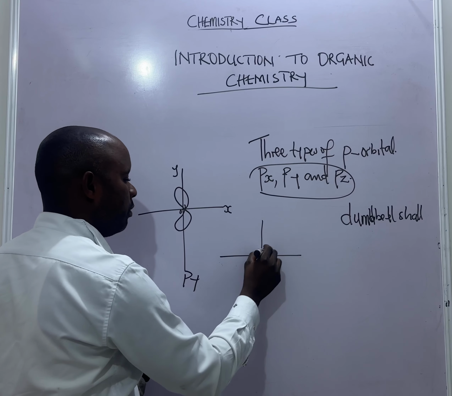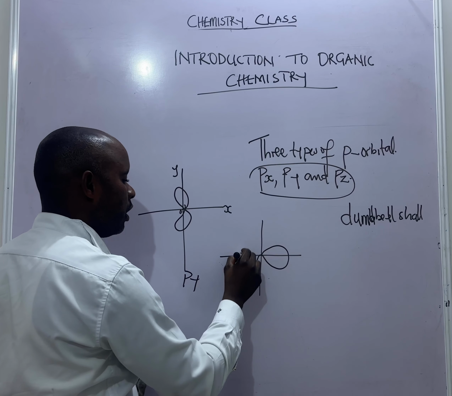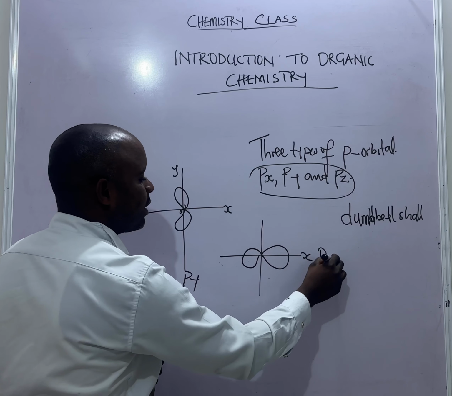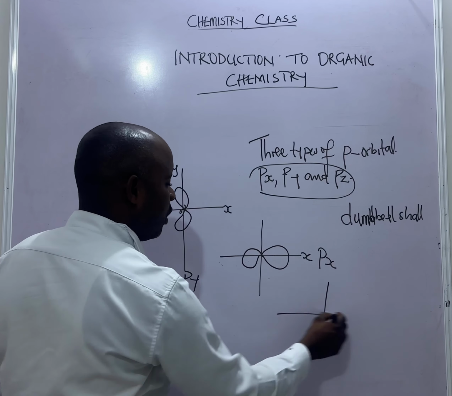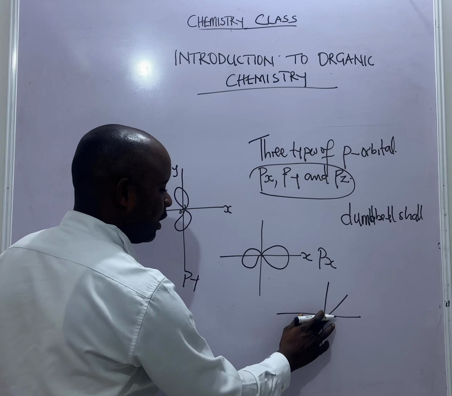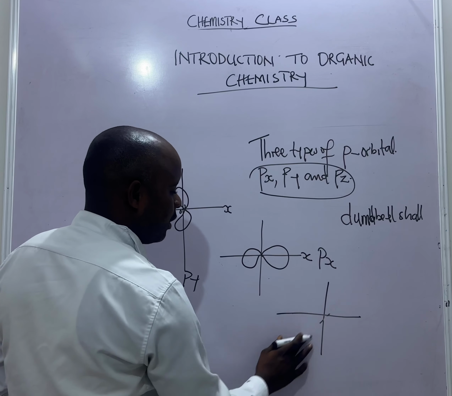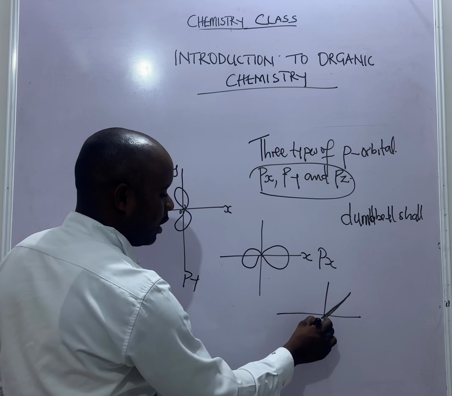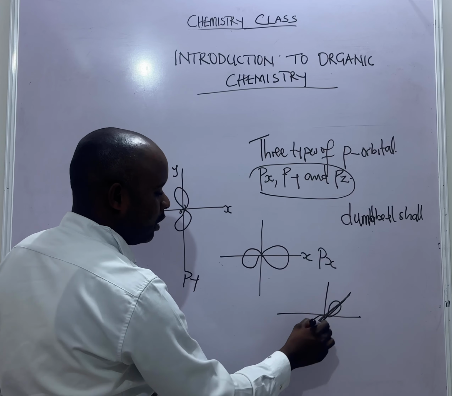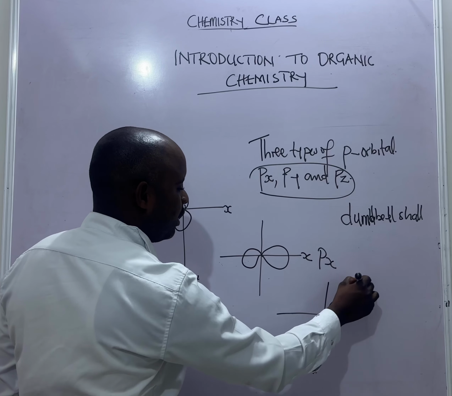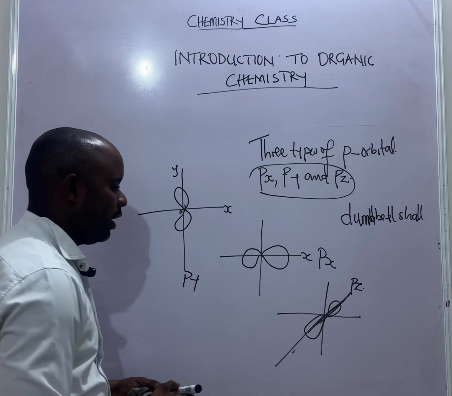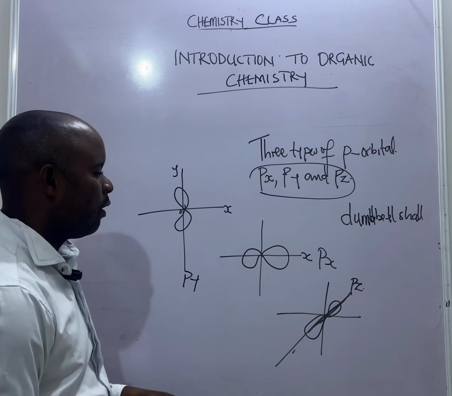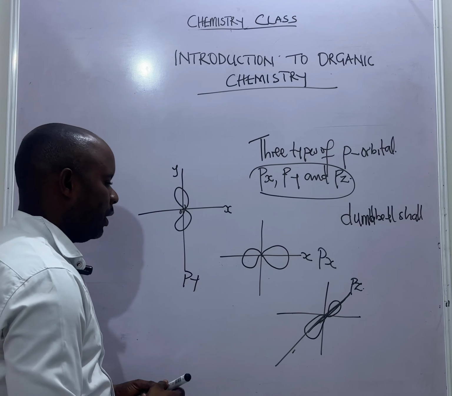The one that is formed on this X-axis is known as px. The one that is formed on the Z-axis is known as pz. This is just the structure of each of these orbitals, px, py, and pz.